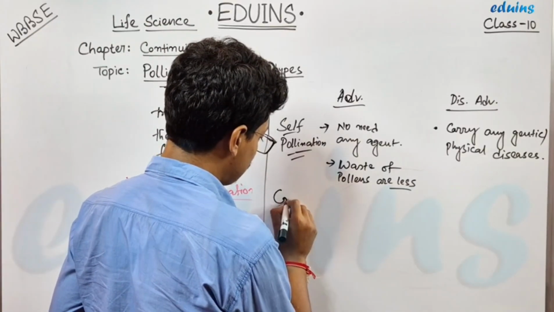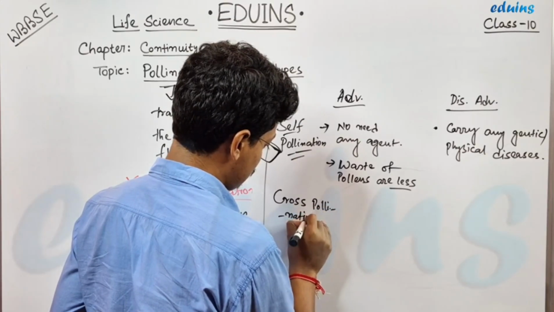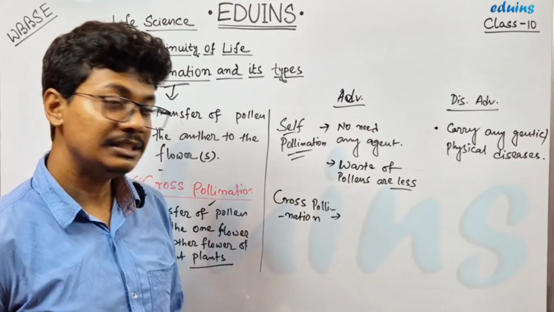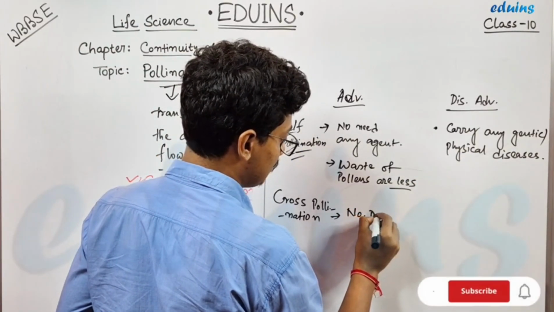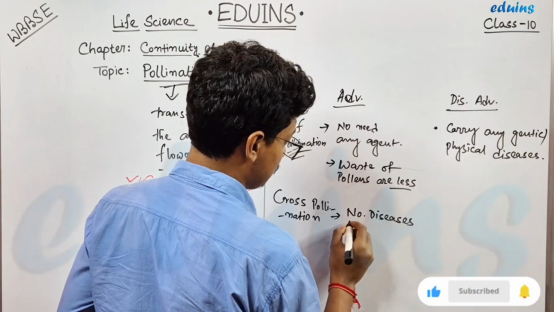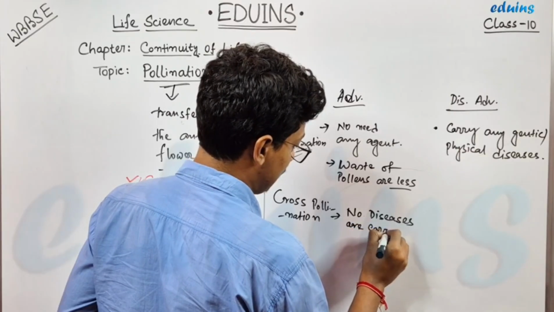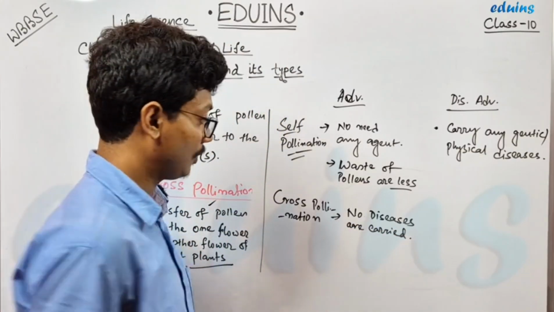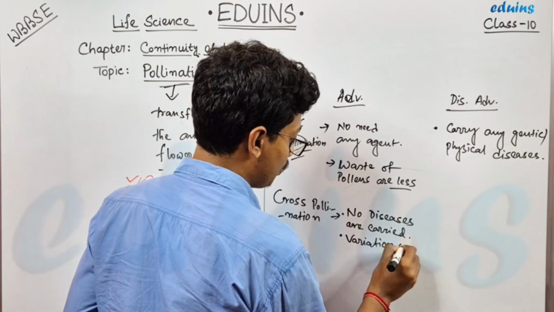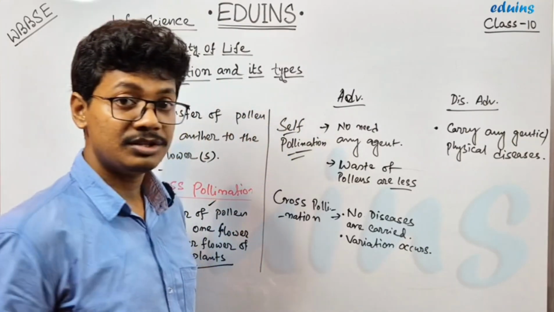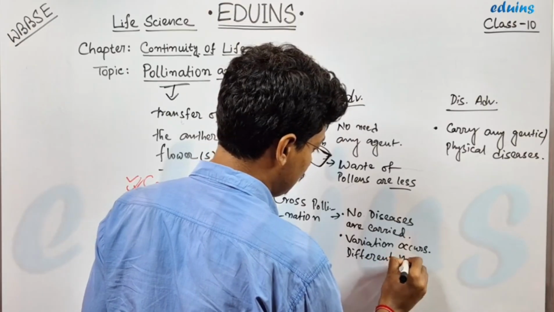In the case of cross-pollination, the advantage is, of course, that no disease is carried first. Secondly, variation occurs. Variations means different characters, new characters.